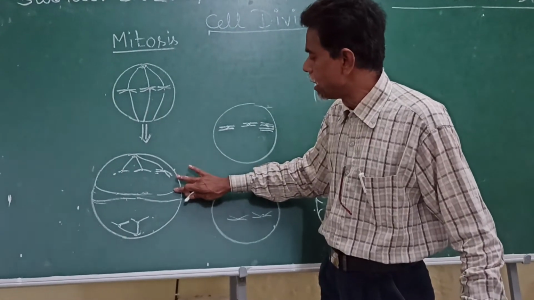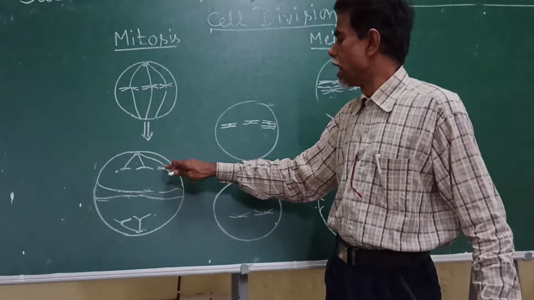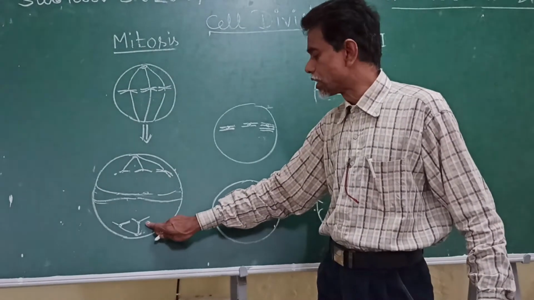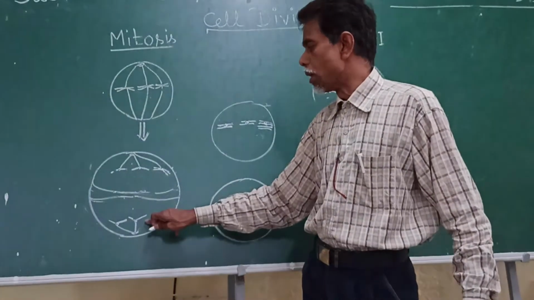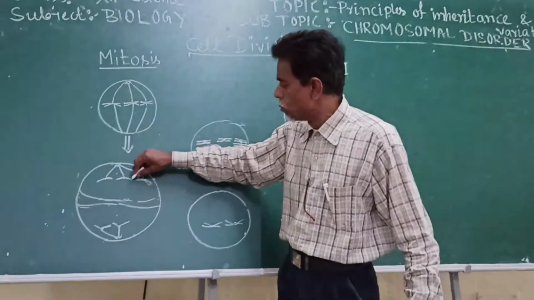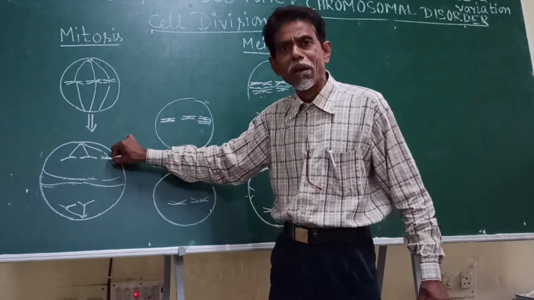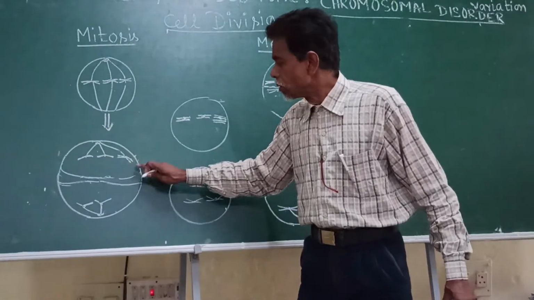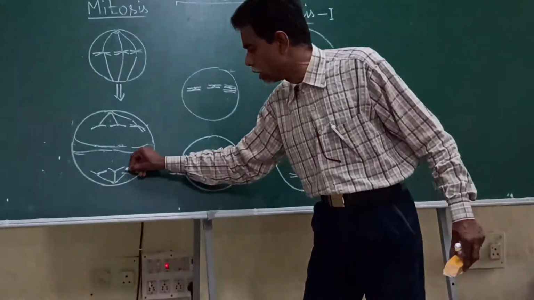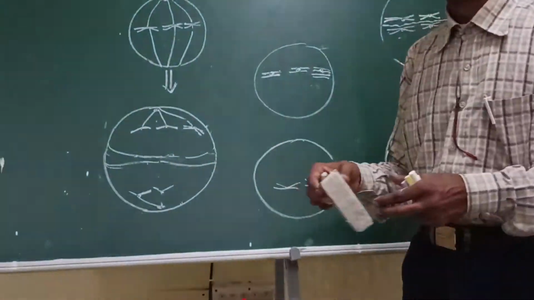As a result, you see here 2 chromatids are contained in a chromosome, both chromatids are there. But here you see only 2 chromatid. Here this is 1 chromatid of a chromosome, this is another chromatid of a chromosome. But here both the chromatids remain joined. That means one of the chromatids failed to reach here. That means there is a failure of separation.